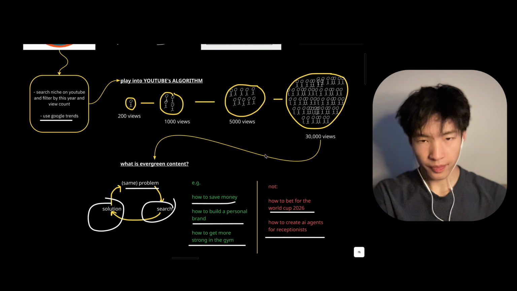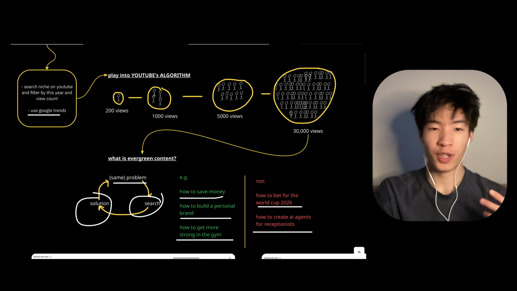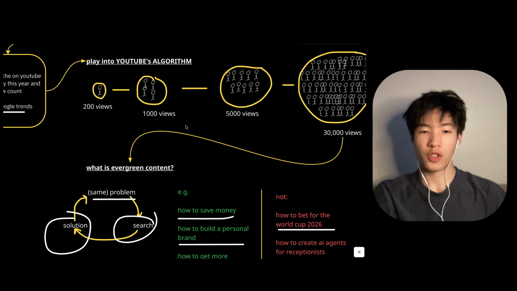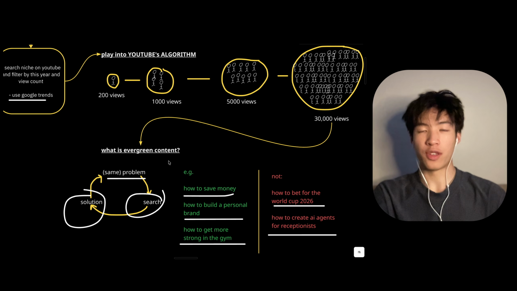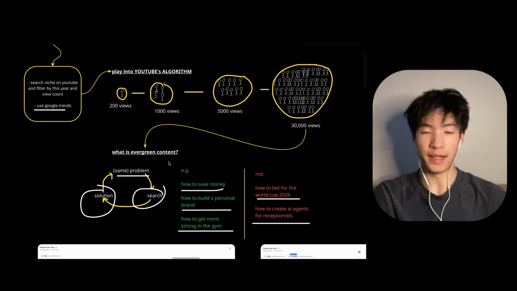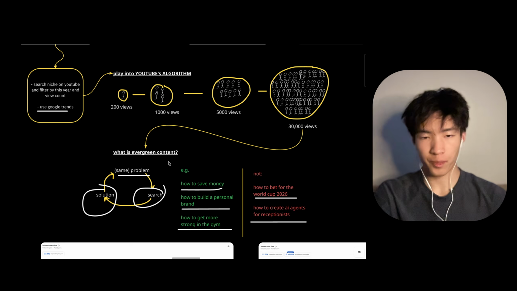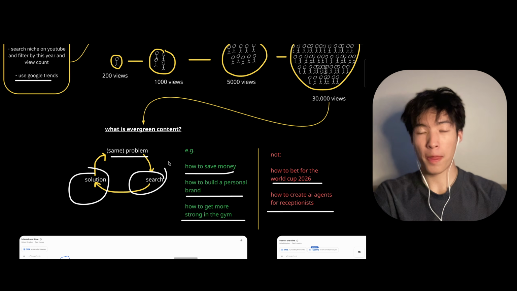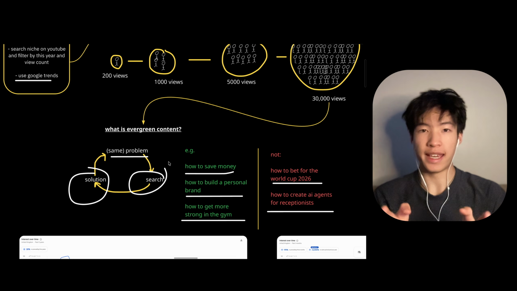And we move on to how you can choose a topic. So an evergreen content or an evergreen idea is an idea or problem that is recurring over and over again, right? For example, let's say you're trying to lose weight, right? It's not bounded by year, right?